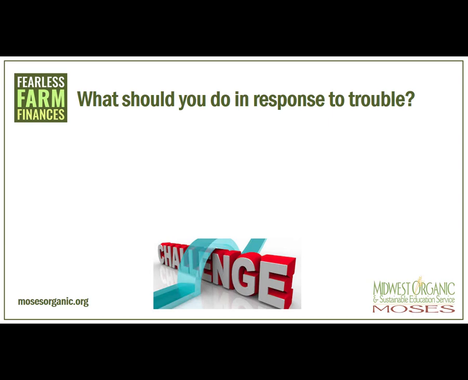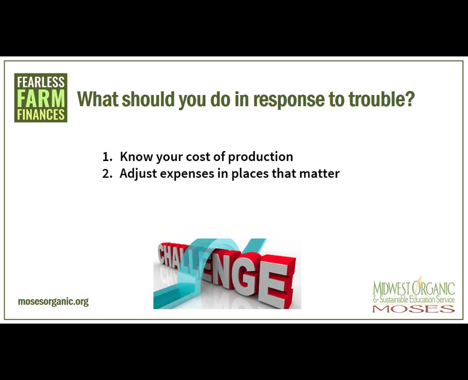So what should you do in response to the trouble? Well, number one, and you've probably heard it a million times, and if not, you will, know your cost of production. You must know what it's costing you to produce the products that you're selling. Otherwise, you never know if you're making a profit on it. You need to adjust your expenses in places that matter.